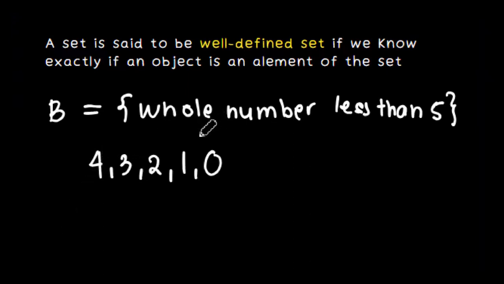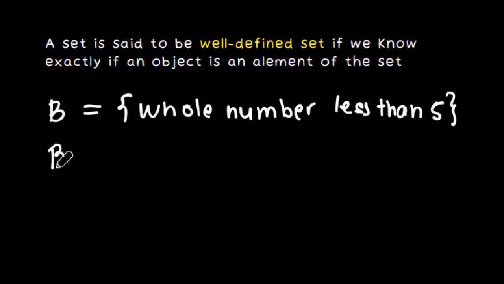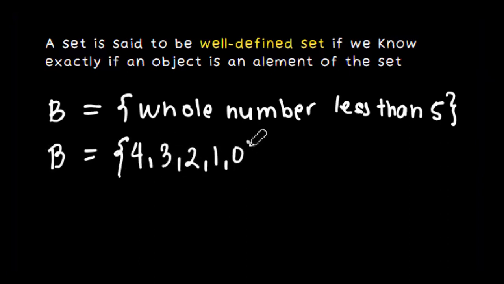Kasi alam natin kung ano-ano yung mga whole number na less than 5. Okay? So, gawin natin ganito yung format para masanay tayo. Set B can be written as the elements 4, 3, 2, 1, and 0. Sinusulat natin yung elements sa loob ng curly brackets, tapos may pagitan na comma.